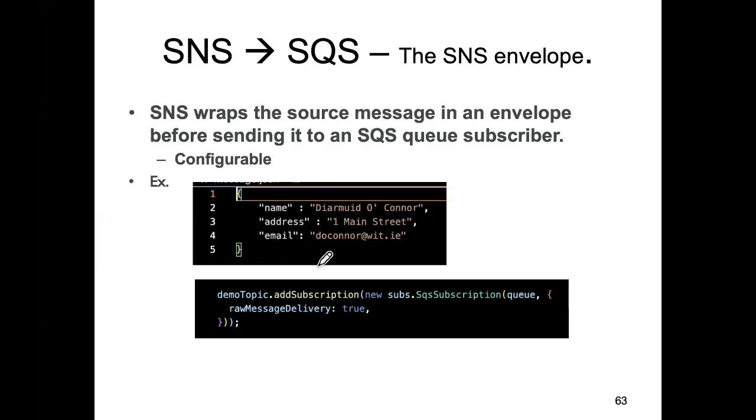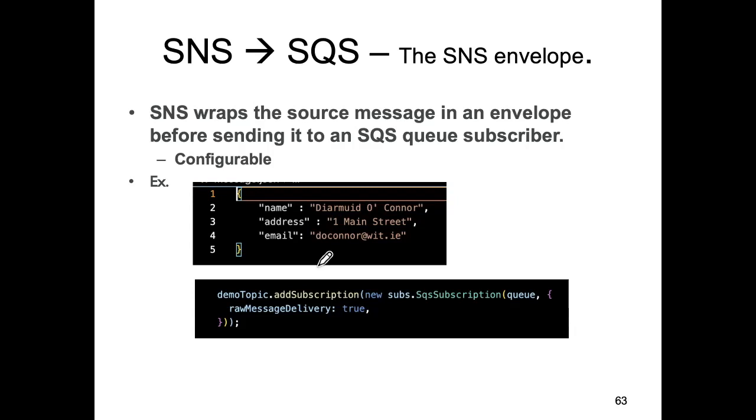What I'm pointing out here is that when SNS has an SQS subscriber, it can, and it's configurable, take the message and wrap it in what we are calling an SNS envelope.